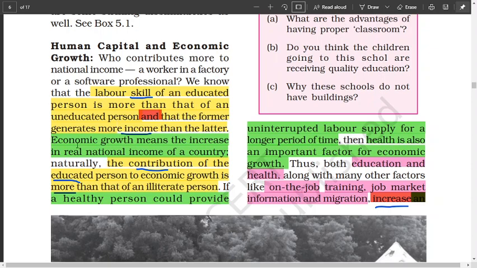When we talk about economic growth, mainly we mean the increase in real national income of the country. That's about the main objective, to raise the income level of the people in the country and how much they can use that towards their welfare. Okay, so you understand education vis-a-vis economic growth, direct relationship.